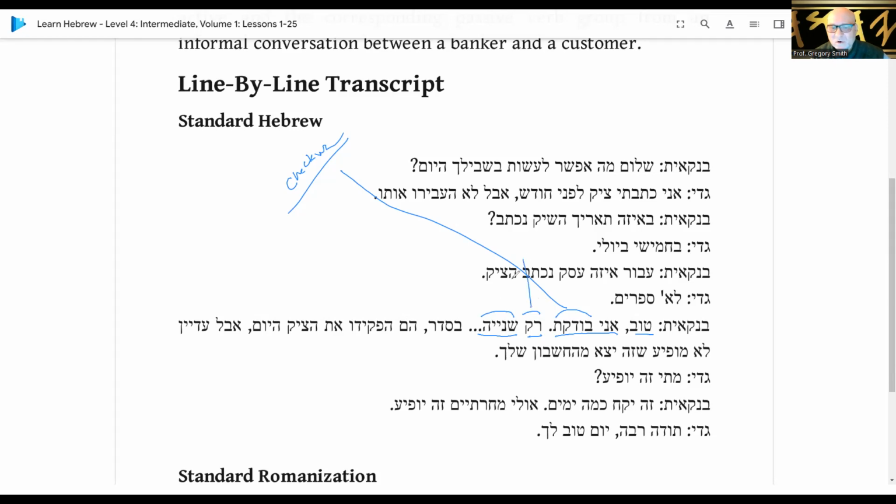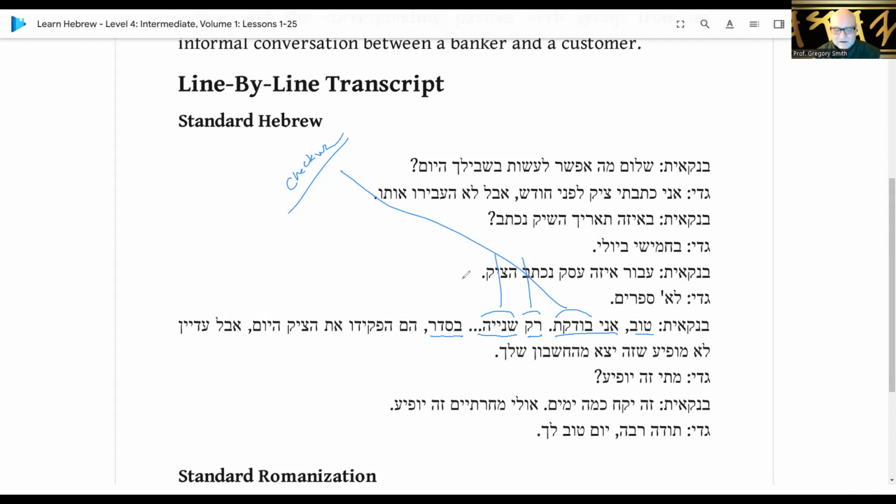It literally means only a second. So it's like, give me a second. A colloquial saying in English would be like, give me a minute. We would usually say minute, or sometimes we would say, give me a second. So it's rak shniya. Okay, so it's like only a second.